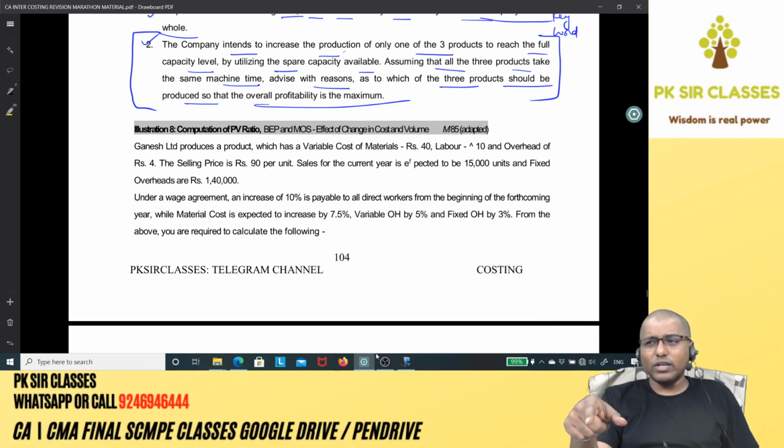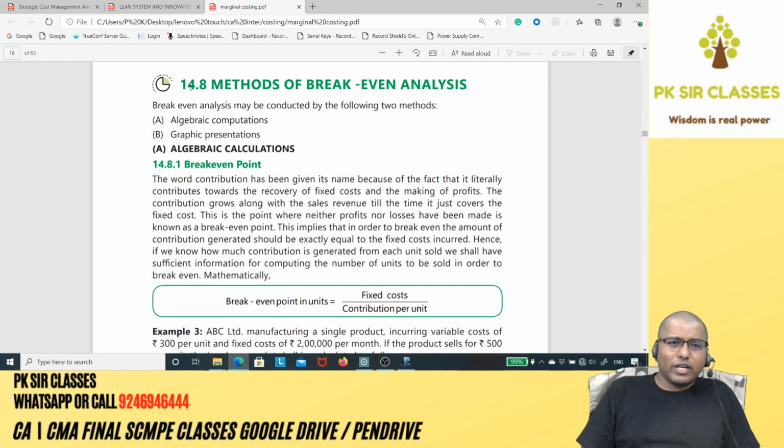I think indifference point is not there for you right now, if I'm not wrong. I'll try to check your study material. Earlier it was there, but now it's not there. So then we'll be going with marginal costing versus absorption costing, the concept of absorption, and the concept of product cost and period cost. That is what I've seen in your study material right now.